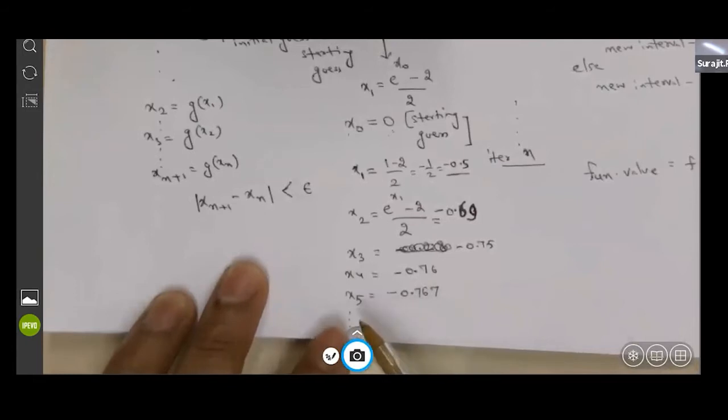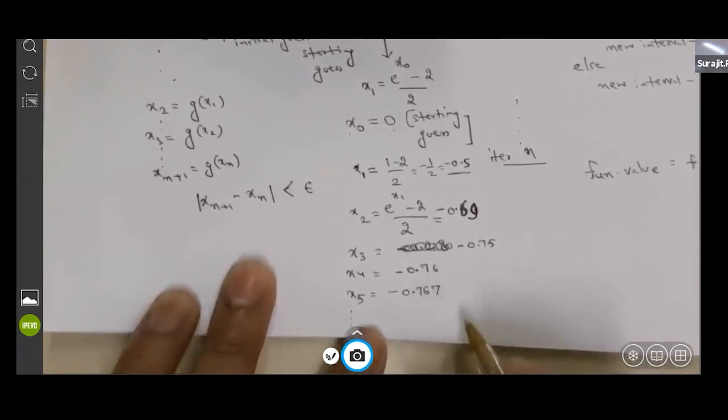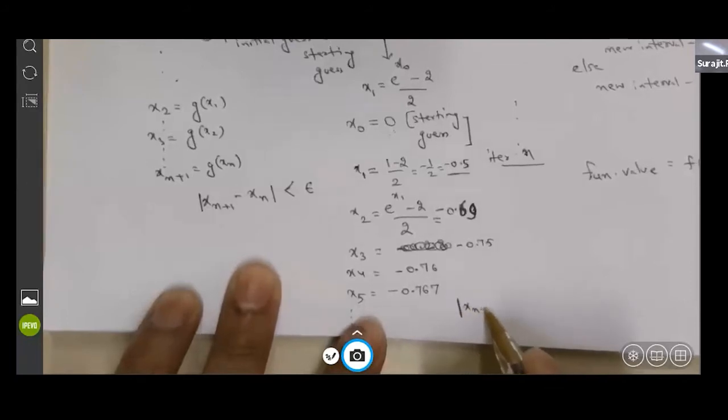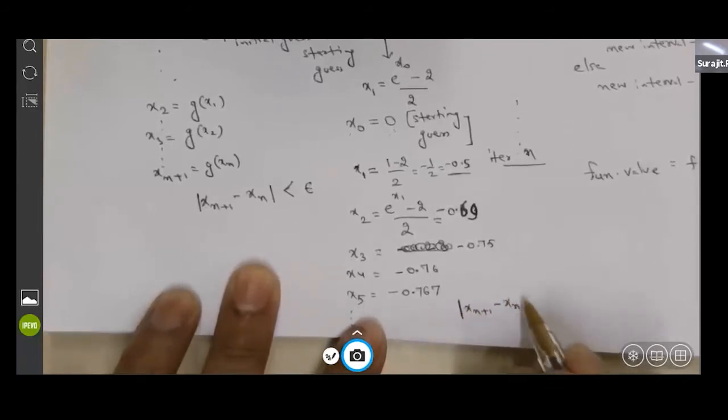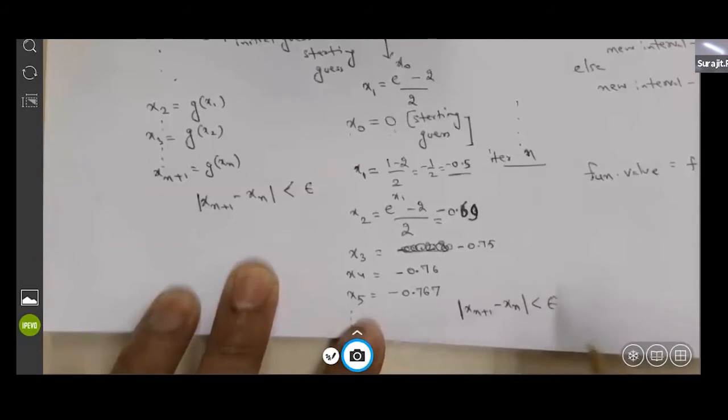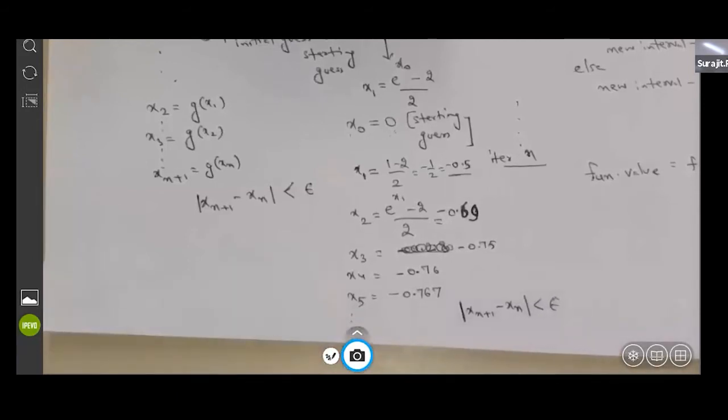As you go on to the 6th, 7th, 8th, 9th, 10th iteration, the stopping criteria will be satisfied, and that will be the root of that equation. Does that make sense? Yes, Professor.